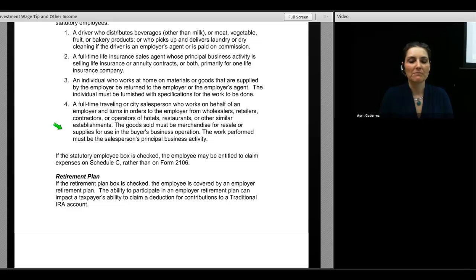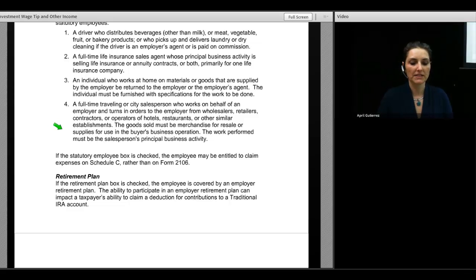That is a person who is meeting all of the categories here: full-time, traveling, has a single employer, but obviously incurring large amounts of travel expenses, and basically being in command of their own work and how they set up their appointments, that would be similar to a self-employed person. But statutorily, they are still considered to be an employee.